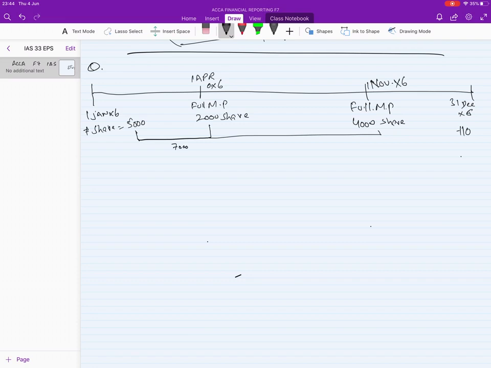By the end of the year they will have 11,000 shares. Let's do the example now.